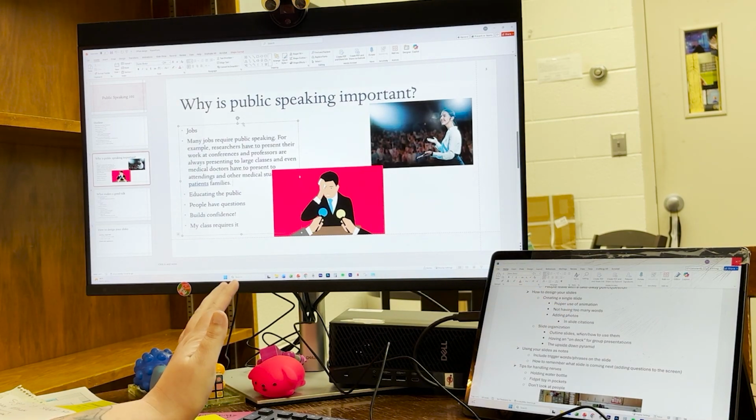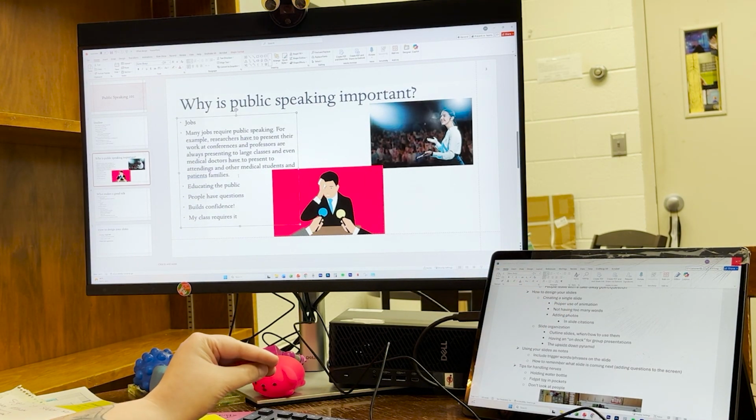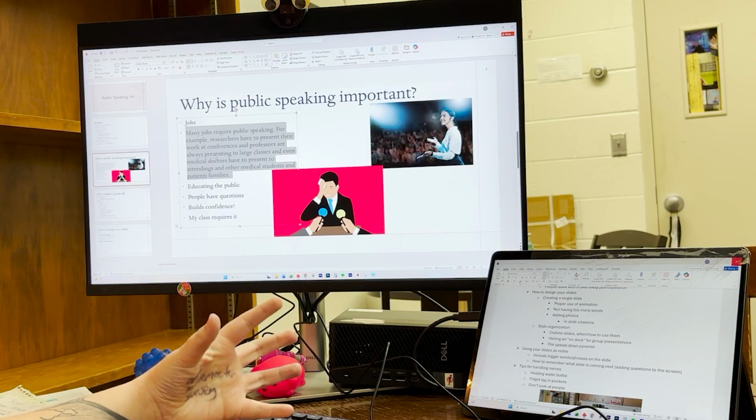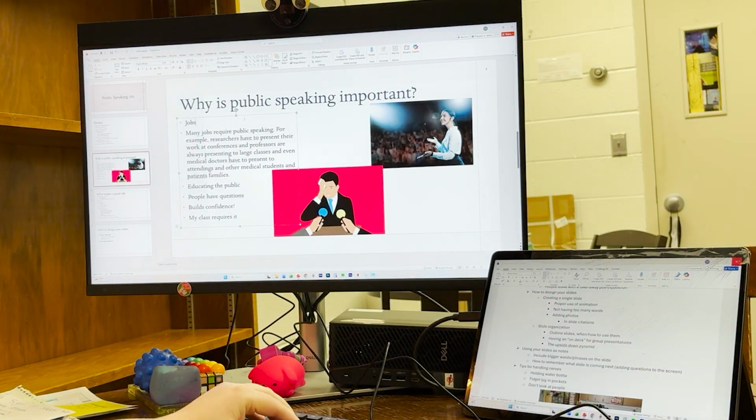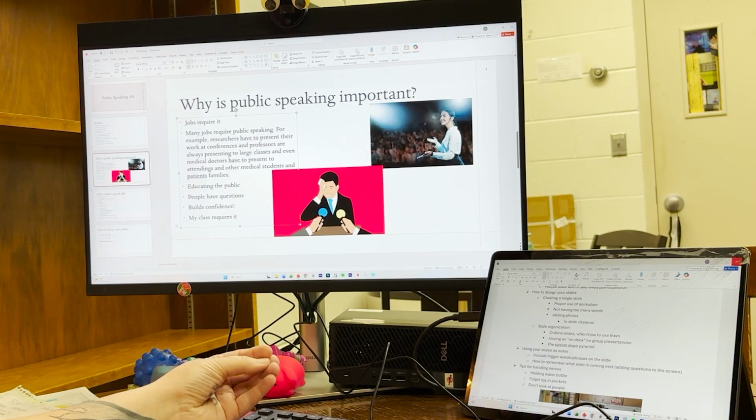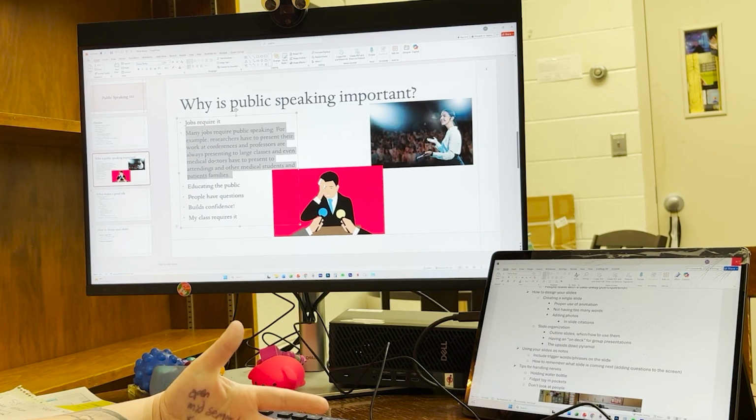In addition to that just being a run-on sentence, this is way overwhelming to look at compared to just jobs, or even jobs require it. Looks significantly better than this huge paragraph.